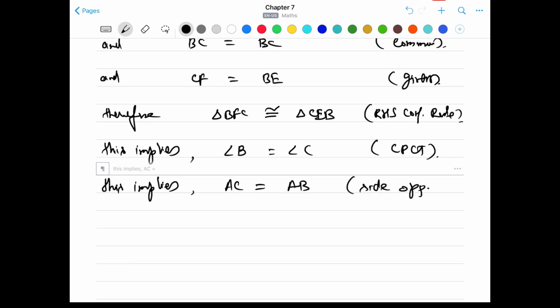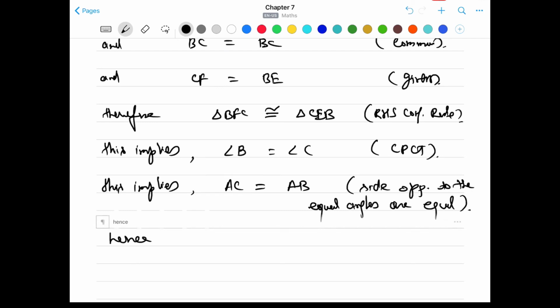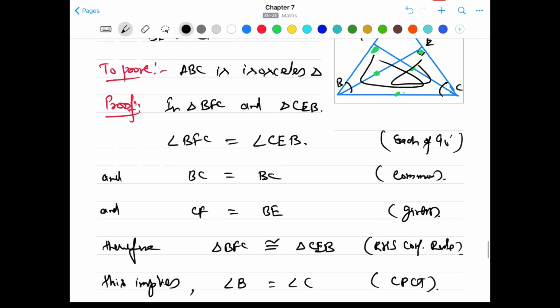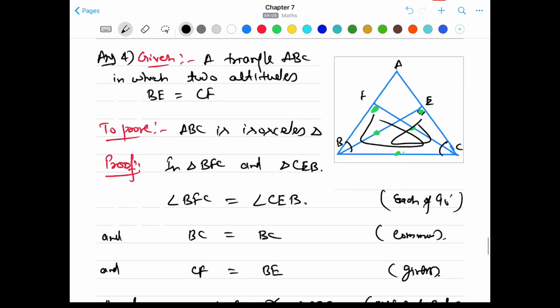Sides opposite to equal angles are equal, hence ABC is an isosceles triangle. Okay, that's what we were asked to prove, that ABC is an isosceles triangle.